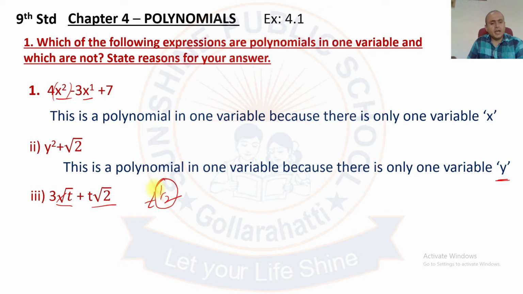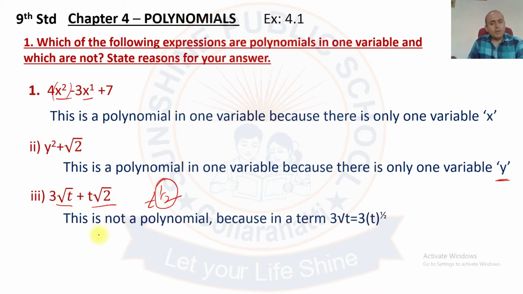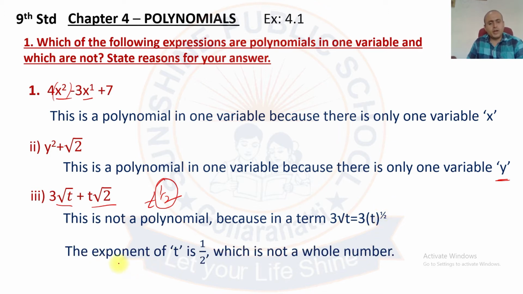And 1 by 2 is not a whole number. Therefore, it is not a polynomial in one variable. Because the term 3 under root t is equal to 3 into t to the power 1 by 2, the exponent of t is 1 by 2, which is not a whole number, and it is not called a polynomial.